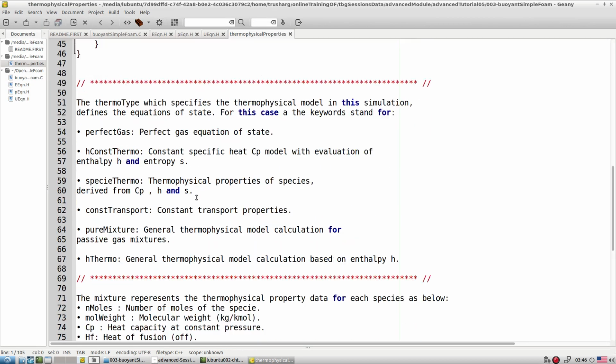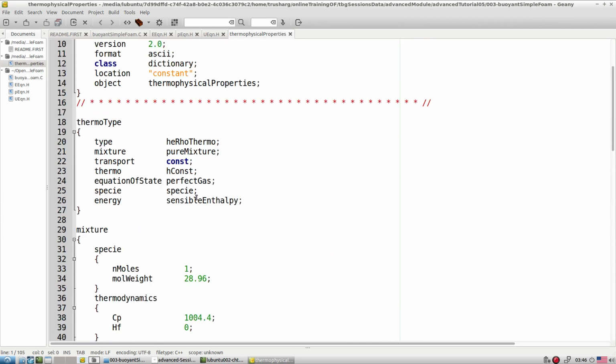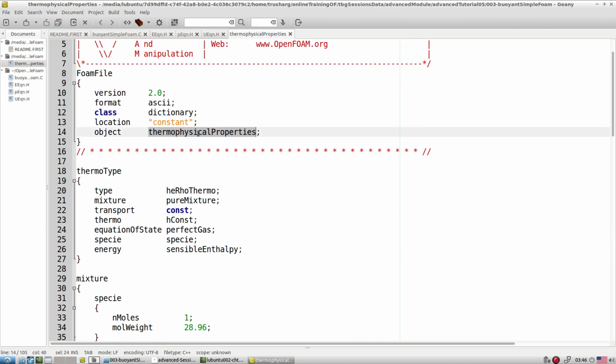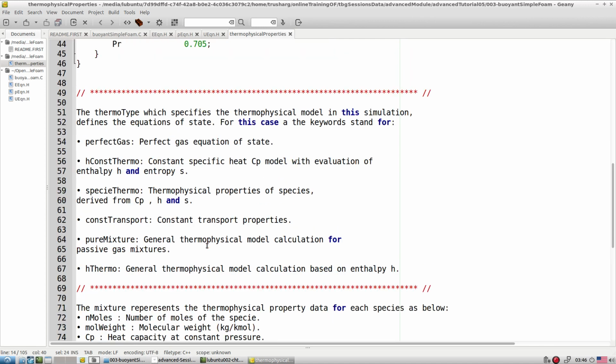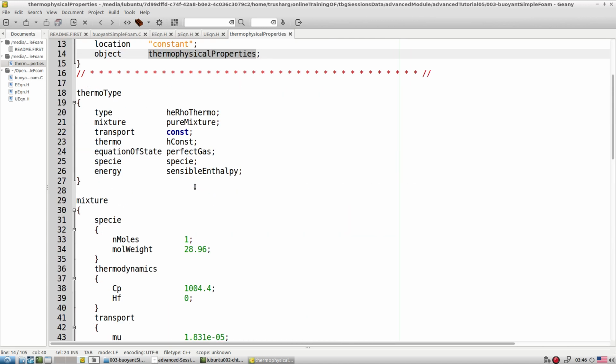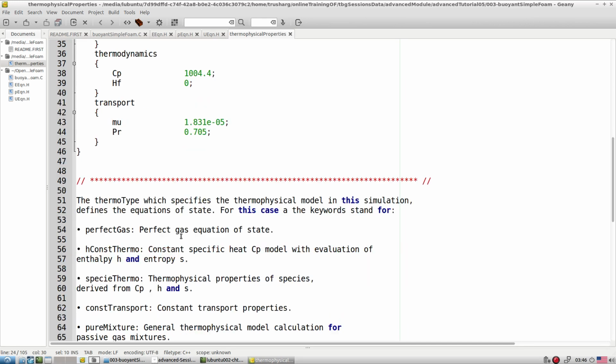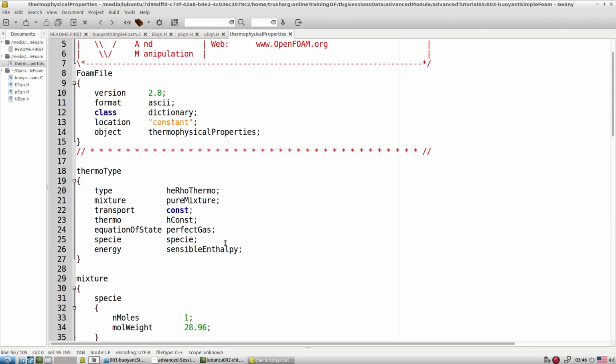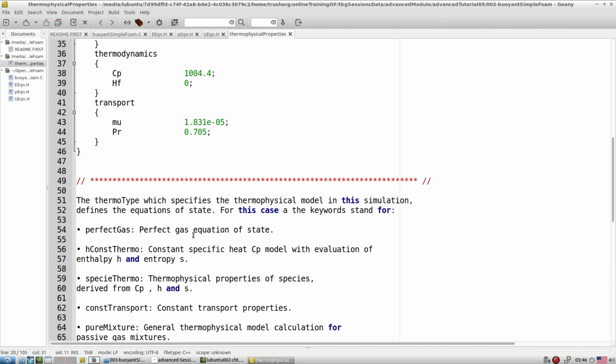So what we have here is a few entries. Let's talk about the thermophysical properties. We have a perfect gas, that is the equation of state. We are working with the perfect gas, hConst, constant specific heat Cp model with evaluation of enthalpy H and entropy S. A couple of types of thermo options are available. The thermoType specifies the thermodynamic model in the simulation and defines the equation of state, with keywords like perfectGas.